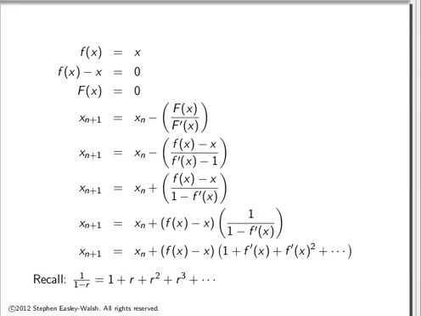Okay. So I want to try and simplify this a bit more. I'll need to go to a new page, so can you write this down?